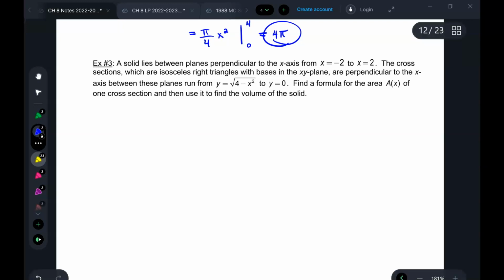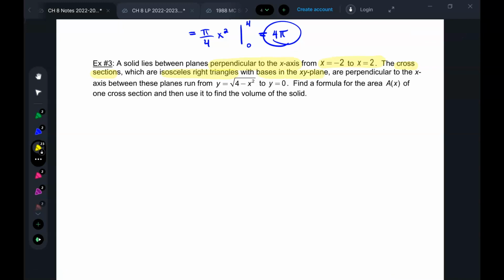Anytime you see perpendicular to the x-axis, everything has to be in terms of x. If it said perpendicular to the y-axis, we have to do everything in terms of y. And they already gave us the limits, -2 to 2. They gave us the cross sections this time: isosceles right triangles with the bases in the xy plane.